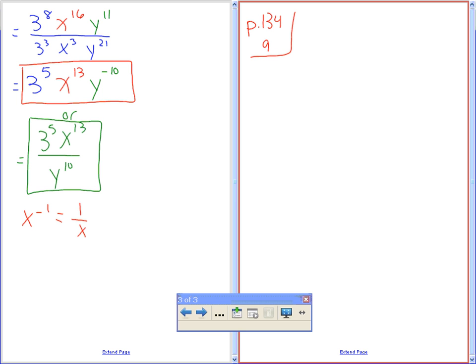Number 9 says substitute. I'm not going to do all of them. 9a says, okay, this one is easier than you think. Since you said you didn't do your homework last night, it might be a good idea to follow along.